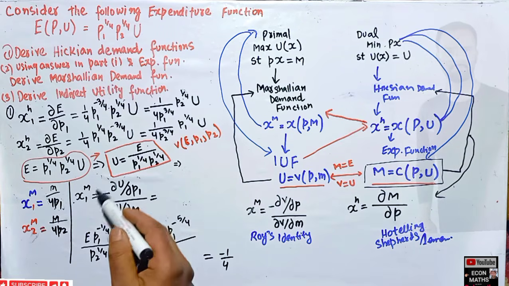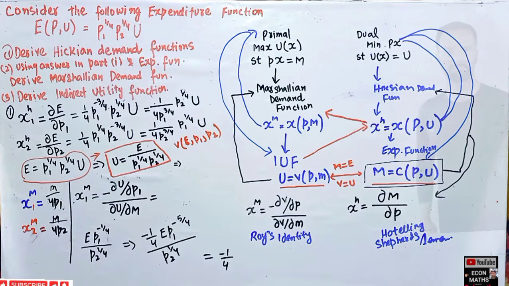I'm just trying to solve this first. Then if we transpose this back, we will get e divided by p1 raised power 5 upon 4, then obviously p2 raised power 1 upon 4. I'm just using some manipulation here.